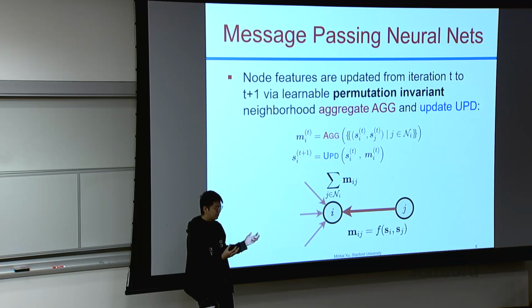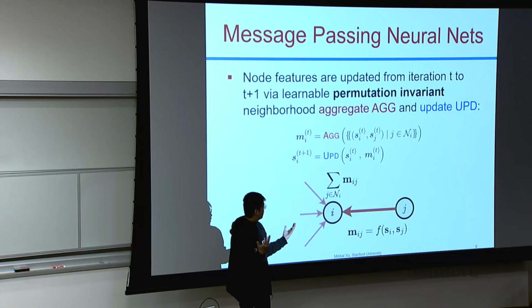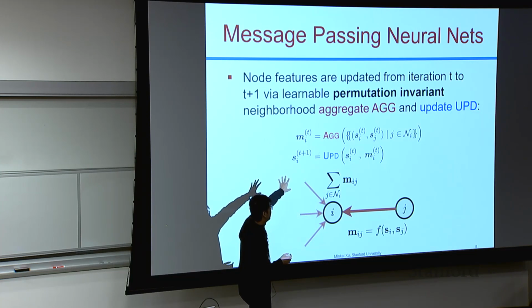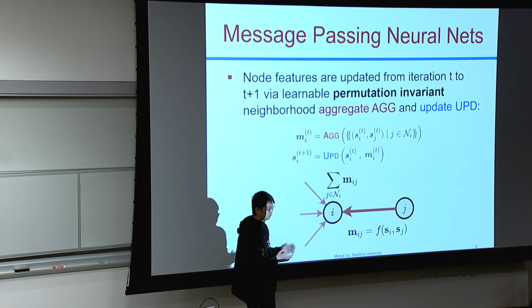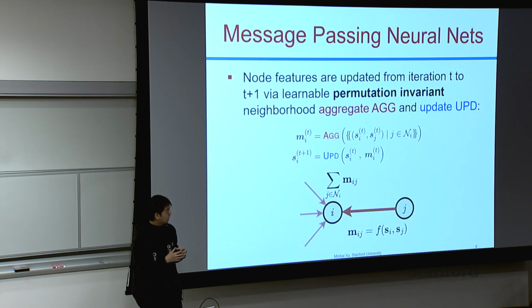We want to learn some message from the neighborhood, and the neighborhood will pass their messages toward you. You will learn an aggregation function to aggregate the information, and after you have aggregated the information, you will also have an update function to learn how to update the current node embedding.